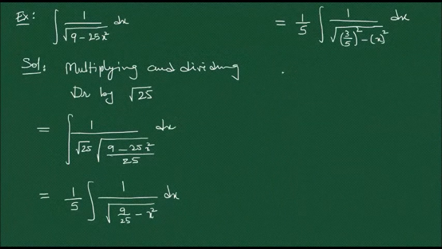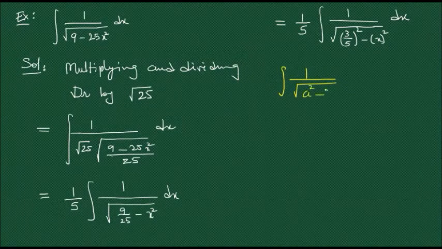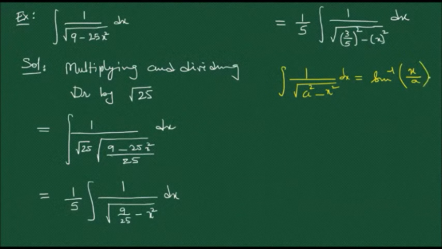It is in the structure of integration of 1 by under root of a square minus x square dx, whose integration value is sine inverse x by a plus c.